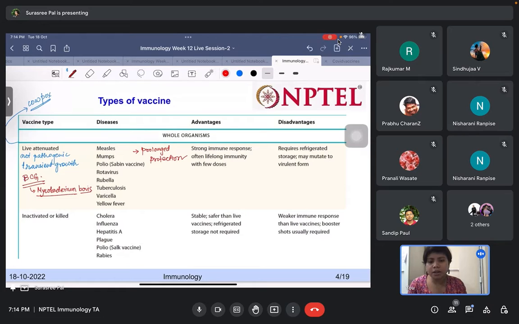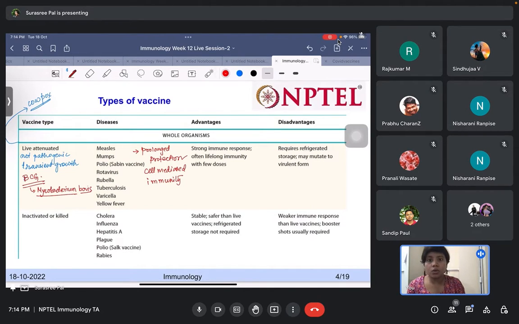And also one more thing, since they can replicate within the host cells, they can induce cell mediated immunity as well. Because they are growing inside the host cell, they can generate this cell mediated immune response as well.